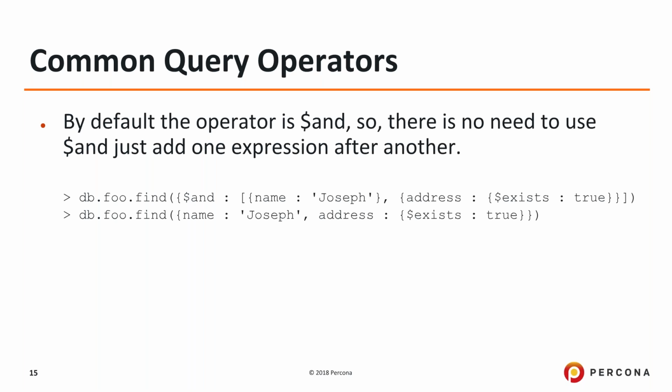The first one in the example here is an $and array, and we have two different JSON documents, one looking at the name field, one looking at address $exists true. But that can actually just be rewritten as the second line, because by default Mongo uses an AND operator for multiple conditions, so both of those are the same in the end. I think the second one is more readable though.